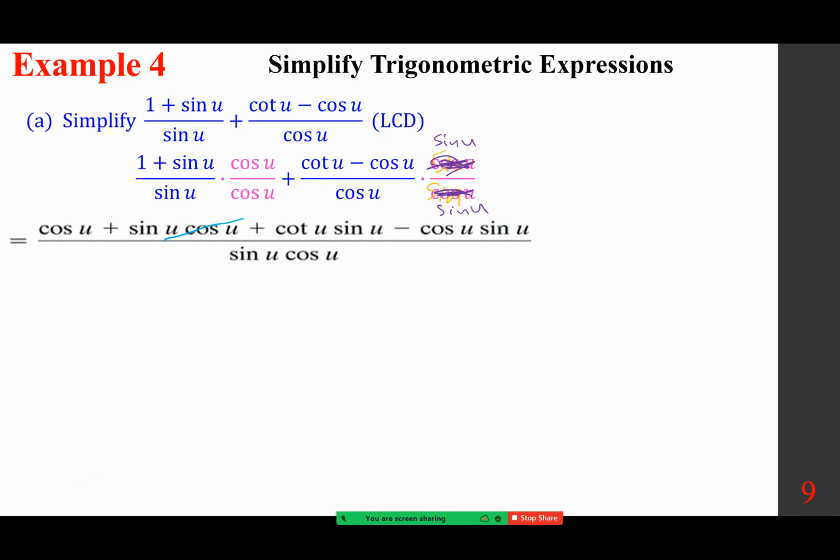Sine u cosine u and cosine u sine u are the same. Since this has a negative sign, they cancel each other. So the numerator is left with cosine u plus cotangent u sine u.